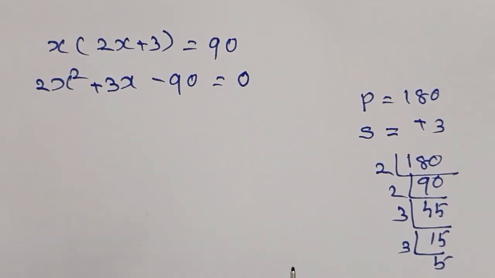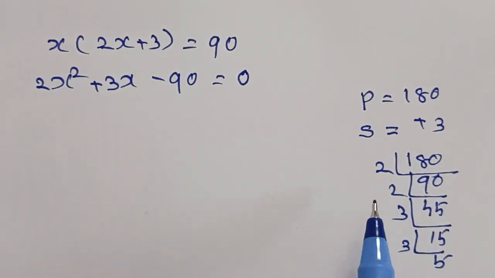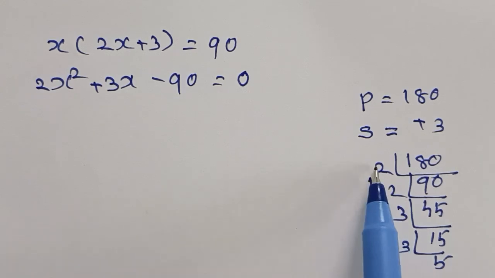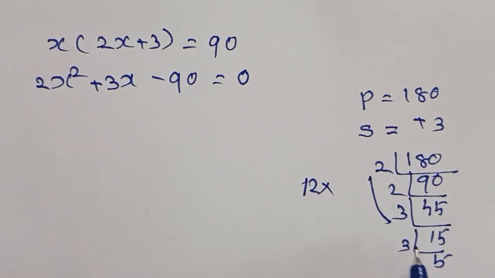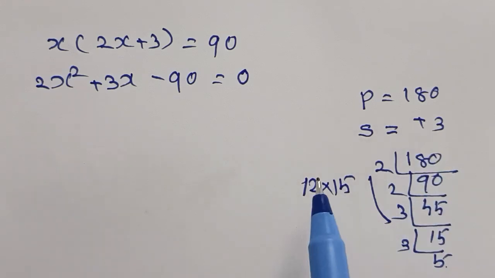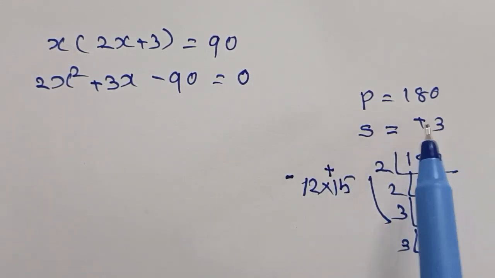Now we have to get product 180 and the difference equal to 3. 2 2s are 4, 4 3s are 12, isn't it? 12 into, next 3 5s are 15. 12 into 15 gives 180. 15 minus 12 equal to 3. So here the smaller one has minus and the larger one has sign plus.